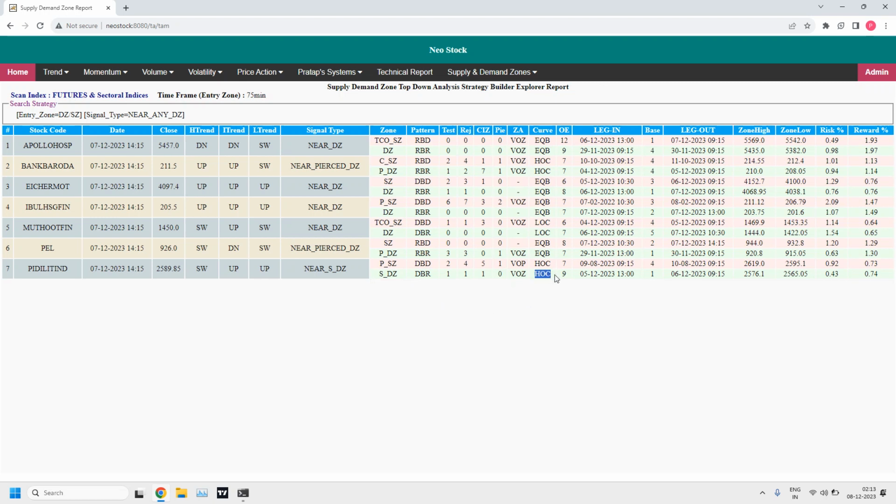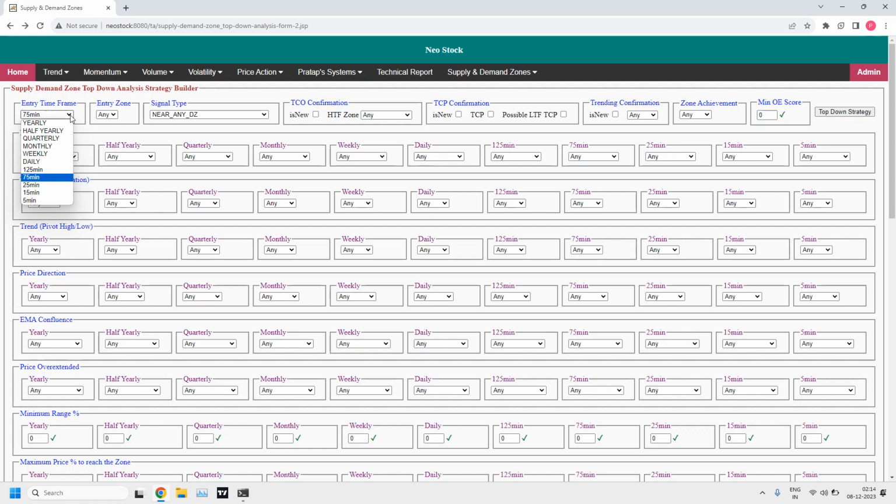This is again high on the curve. But ITF and LTF trends are supporting. So let's go back.